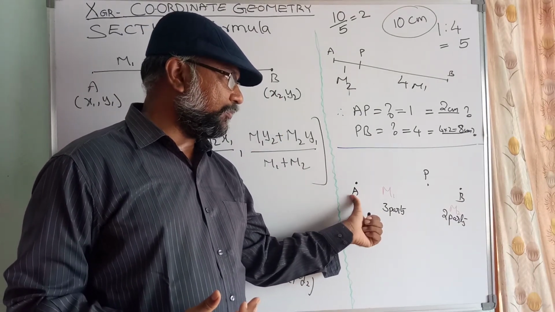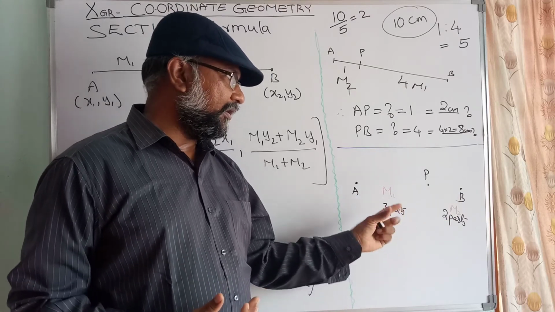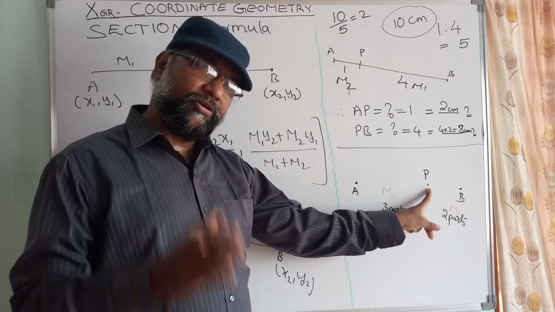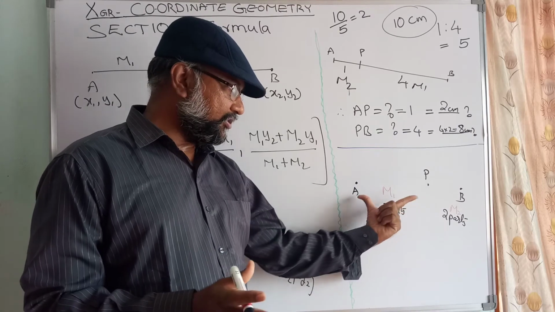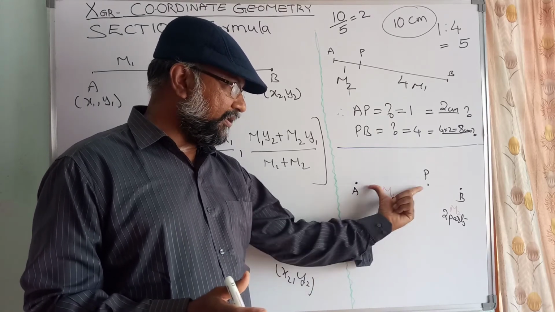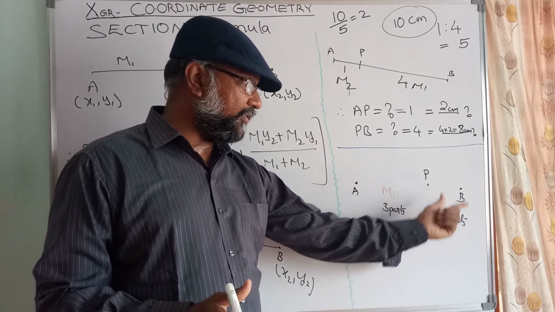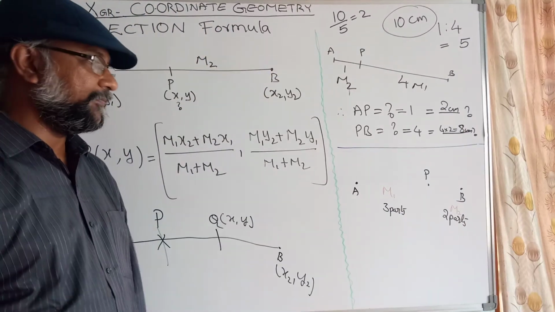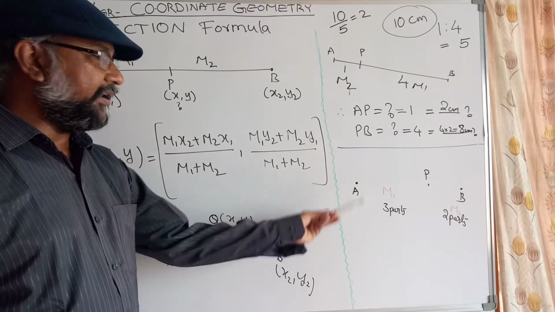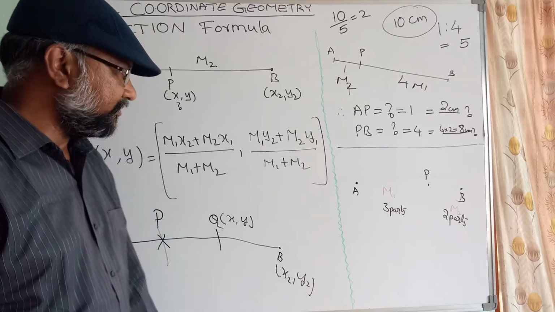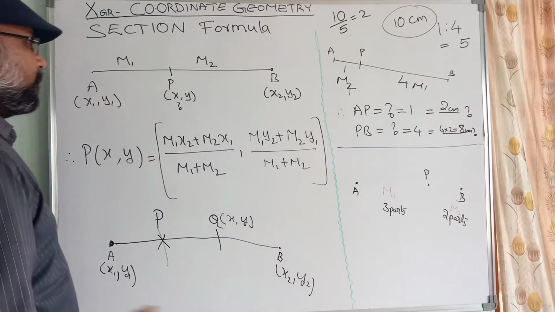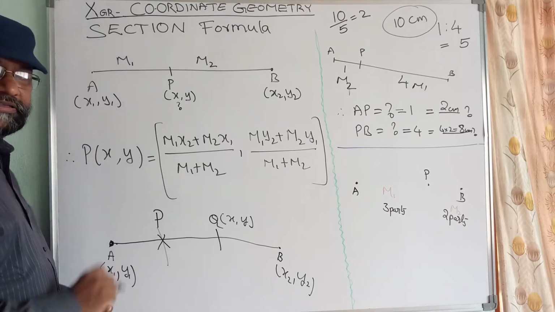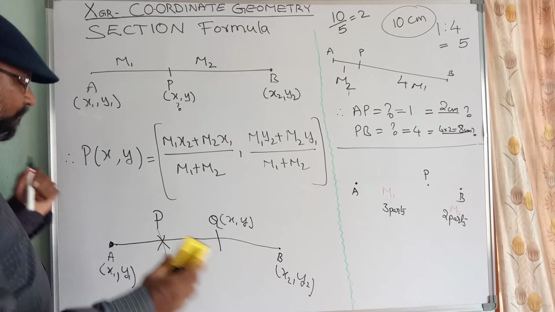Here A is a point, B is a point, and P is another point of section, where AP is 3 parts and PB is 2 parts. That is called the ratio. But I did not give you any measurements. So basically you have to pay attention in this section formula.